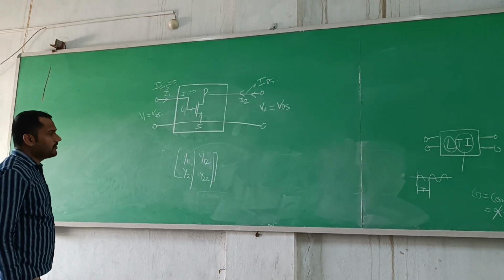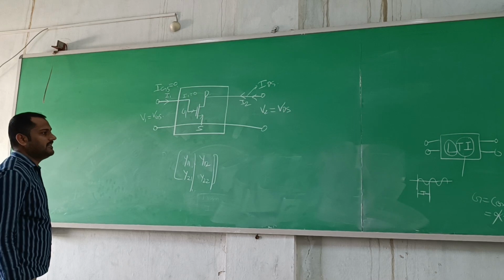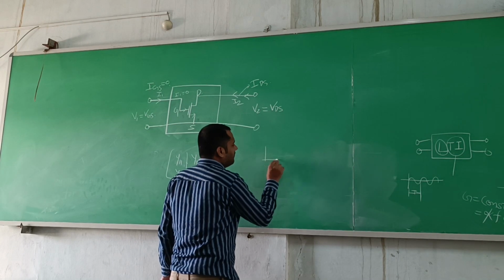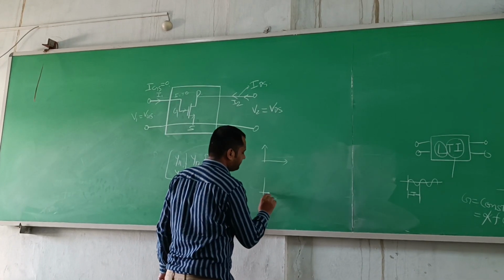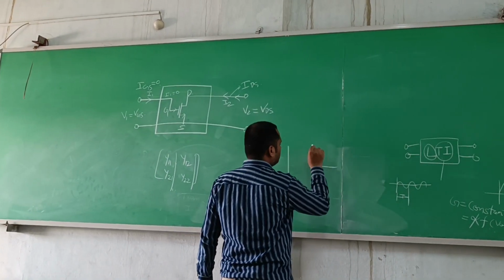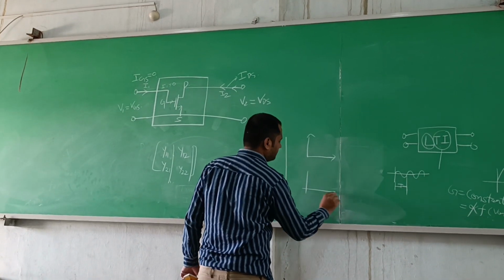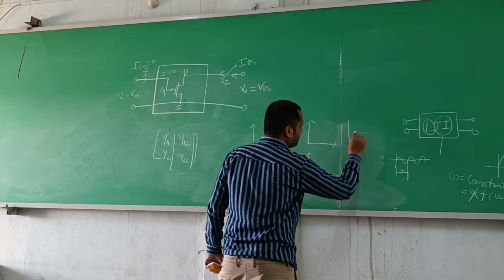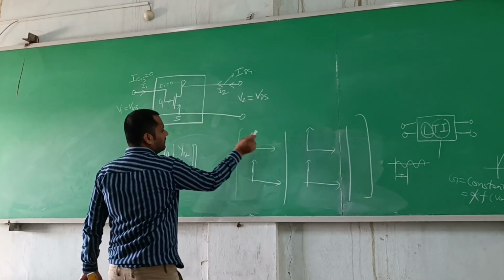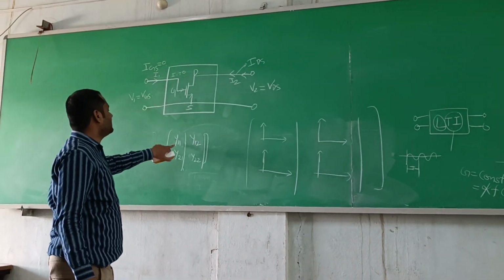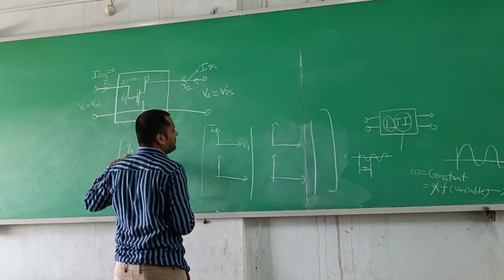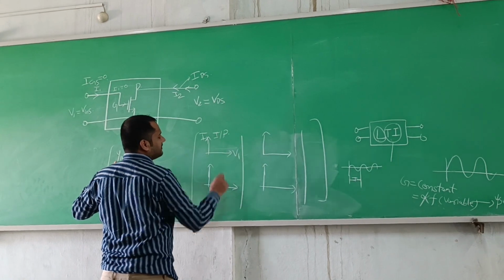So for a two-port network, we have 4 parameters, and for each parameter we can plot a curve. This is for Y11. 1 means input, V1 versus I1. Input versus input, that's why this is called input characteristics.